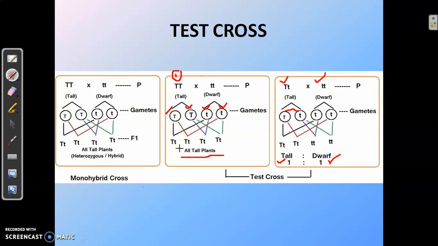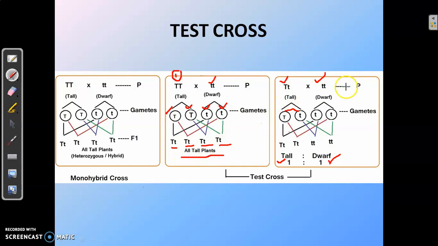Here all the plants are tall phenotypically, and genotypically they are heterozygous, capital T small t. So, when a homozygous tall plant is crossed with a dwarf plant, all the offspring obtained will be tall plants.